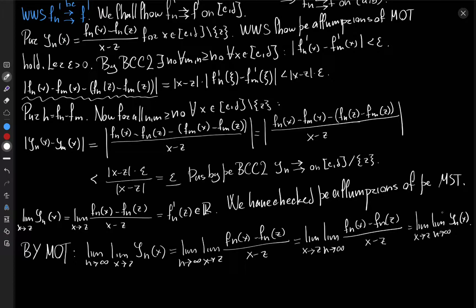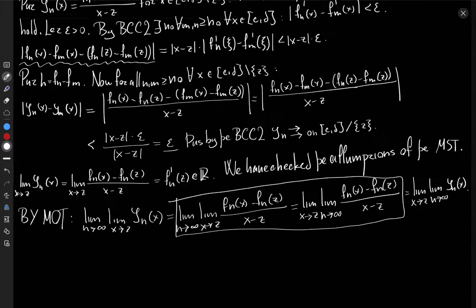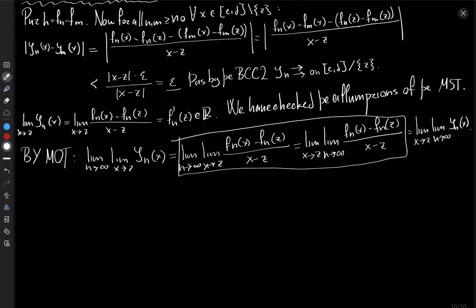Okay, but this is brilliant, because if we just focus on this bit in the middle, we are essentially finished. What this is in essence saying is that the limit as n approaches infinity of the derivative of fn at z, because this is the definition of a derivative, is equal to the limit as x approaches z of f of x minus f of z over x minus z.